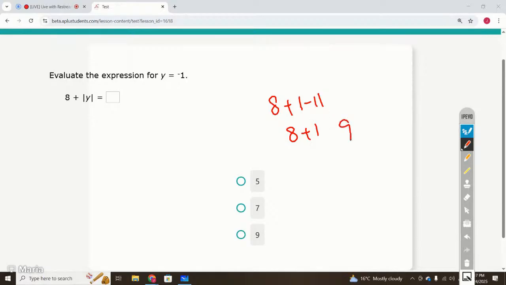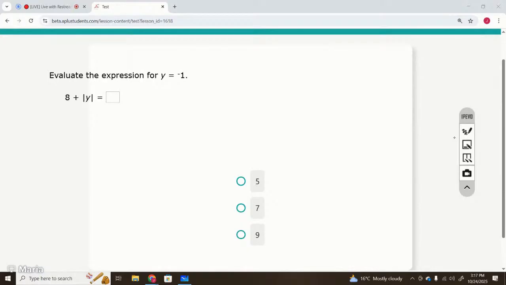The correct option is 9. Option number 3 is the correct option.